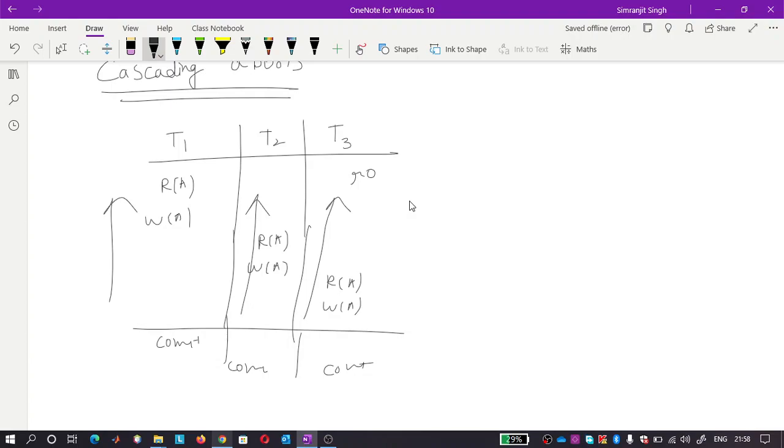It is also sometimes called cascading rollback. You can avoid it if you only read from committed data. We never want cascading rollback; we want cascadeless transactions. Keep that in mind.